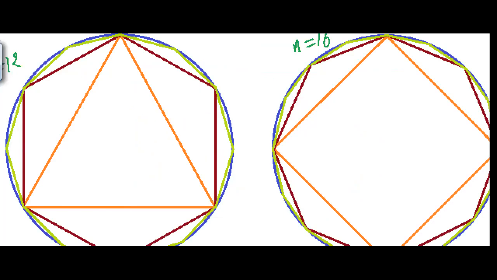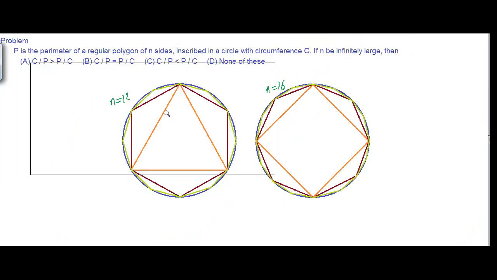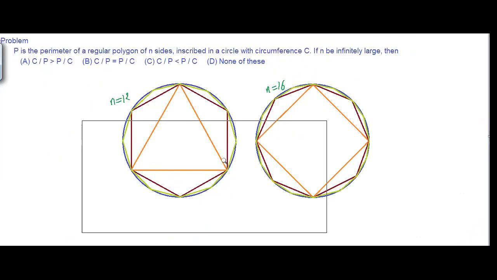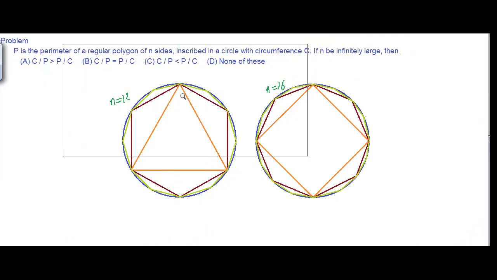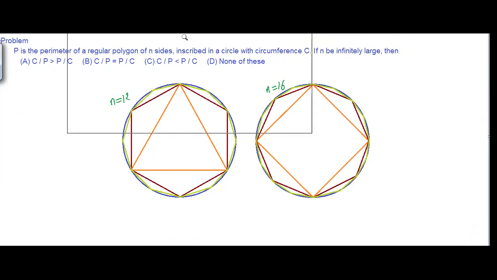In the first diagram, we begin with a triangle inside, a 3-sided polygon, and doubled that number of sides, then we got a 6-sided regular polygon or regular hexagon.